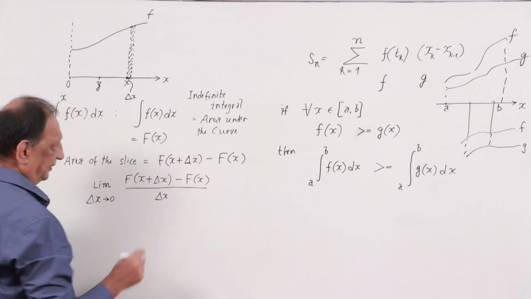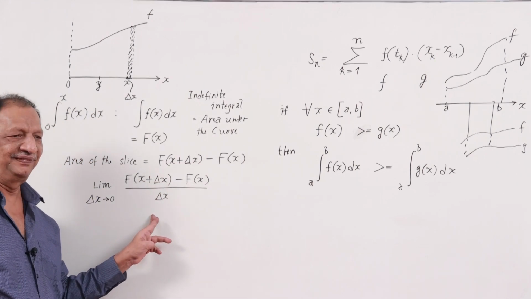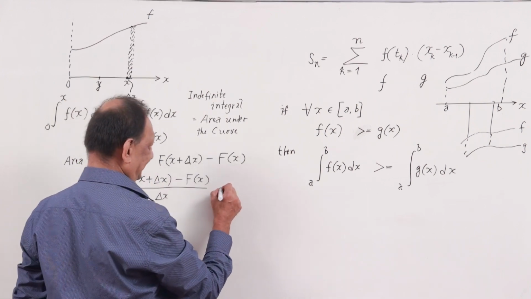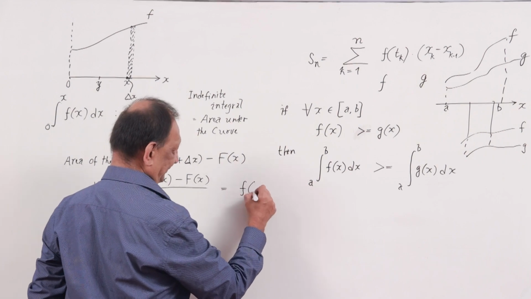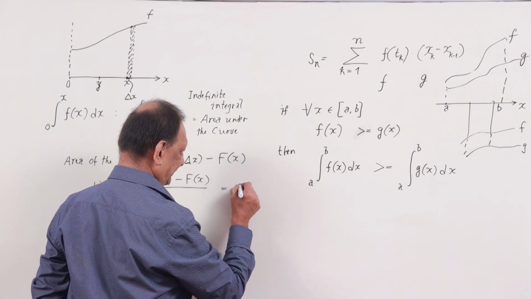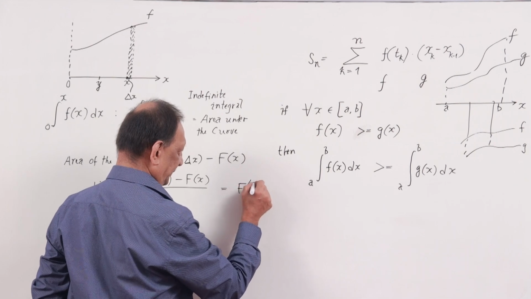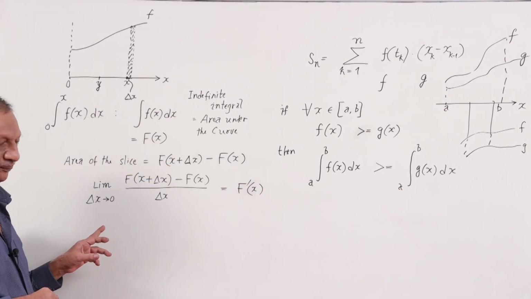Tell me what I will get. This is the definition of a derivative. Correct? It is F prime x. Capital F prime x. Correct?